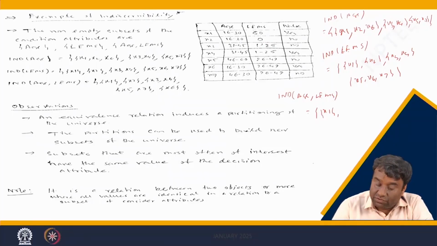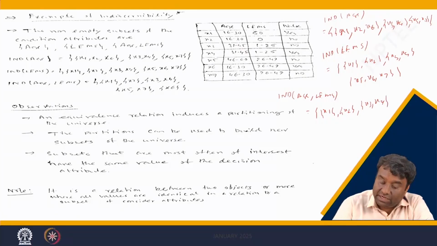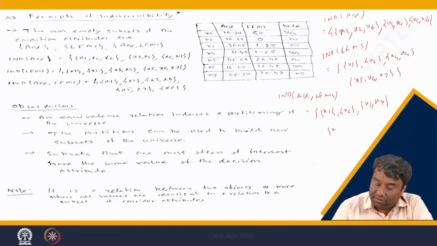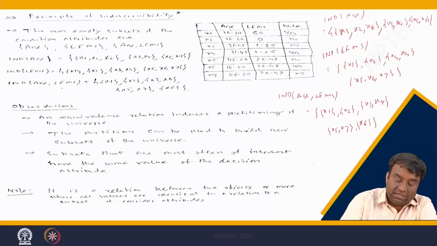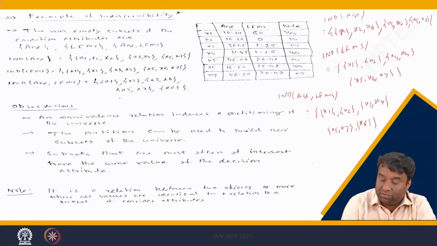Then x2 is also different, but x3 and x4 are the same. These are indiscernible, x3 and x4, then x5 and x7, and x6 is different from the others. So these are the indiscernibility of age and LEMS.